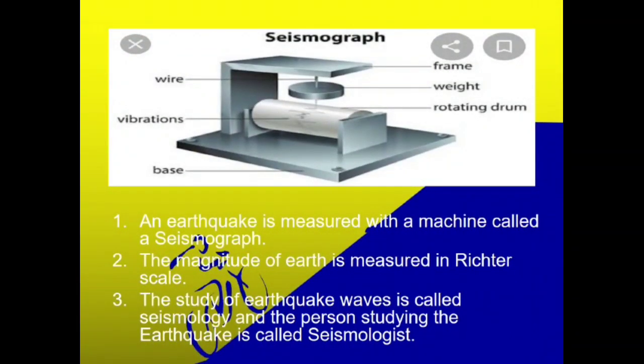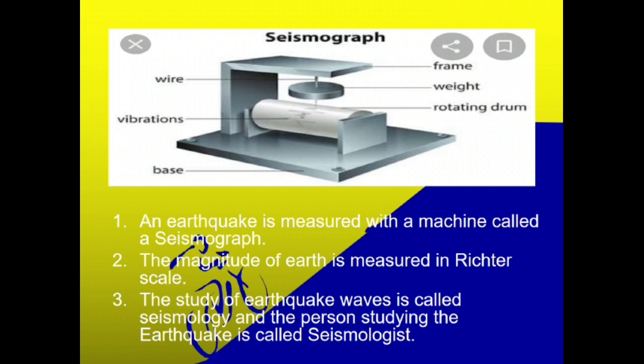Students, we use different types of devices to measure things. For example, a barometer is used for measuring atmospheric pressure. A thermometer is used for measuring temperature. A hygrometer measures humidity.